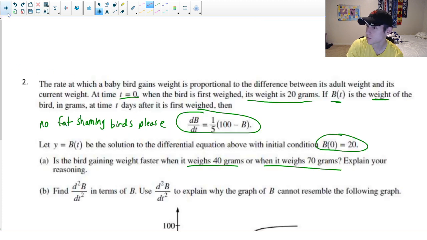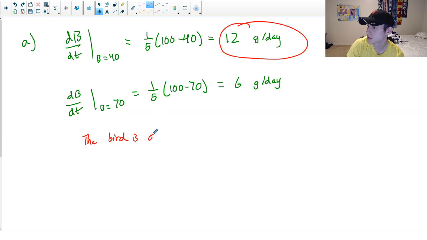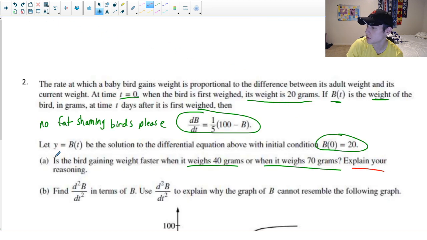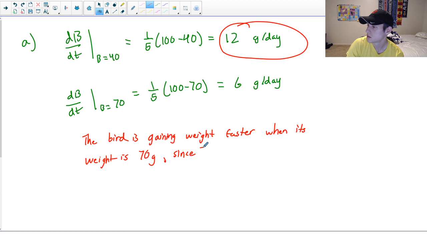Is the bird gaining weight faster? Okay, the bird is gaining weight faster when its weight is 70 grams. How do we know that? Again, it asks to explain your reasoning. So let's use the math that we did.